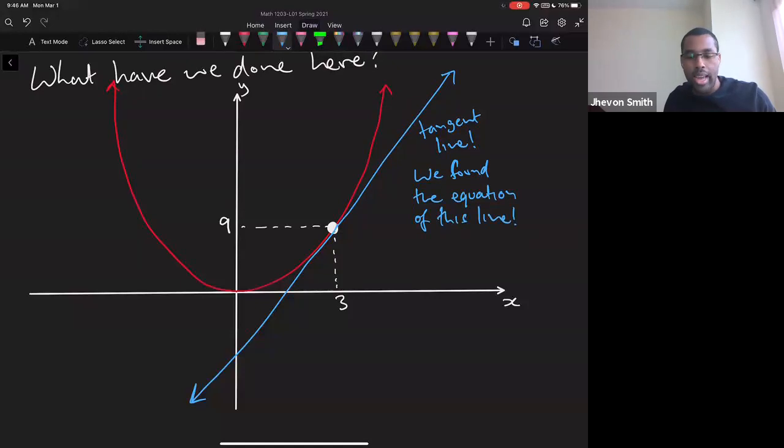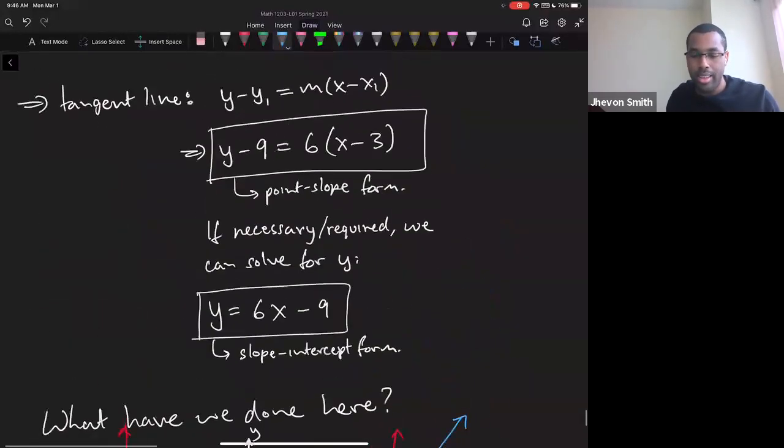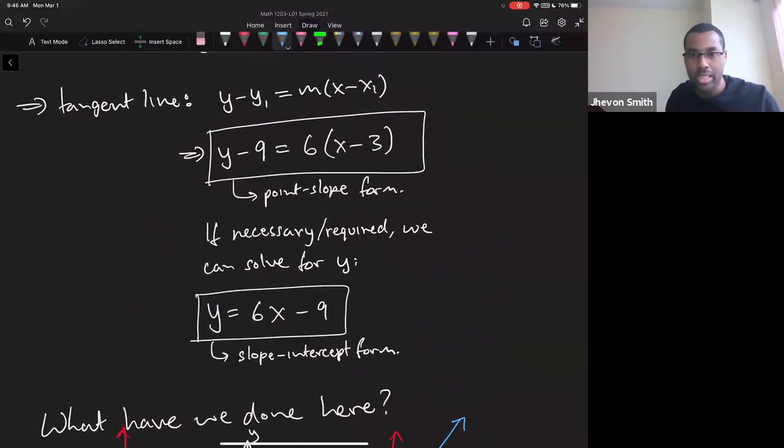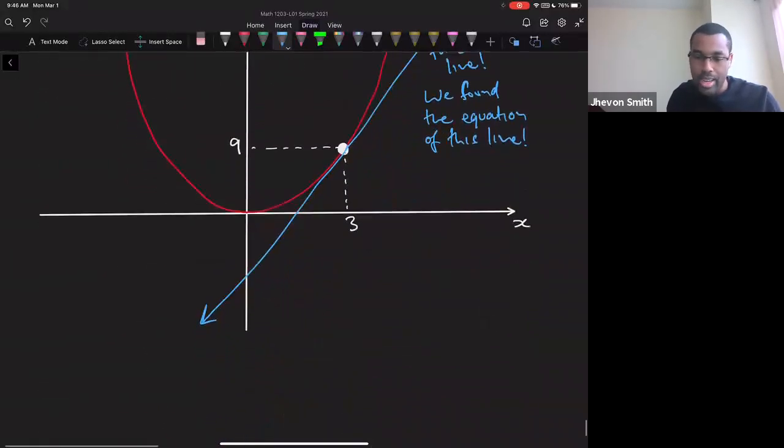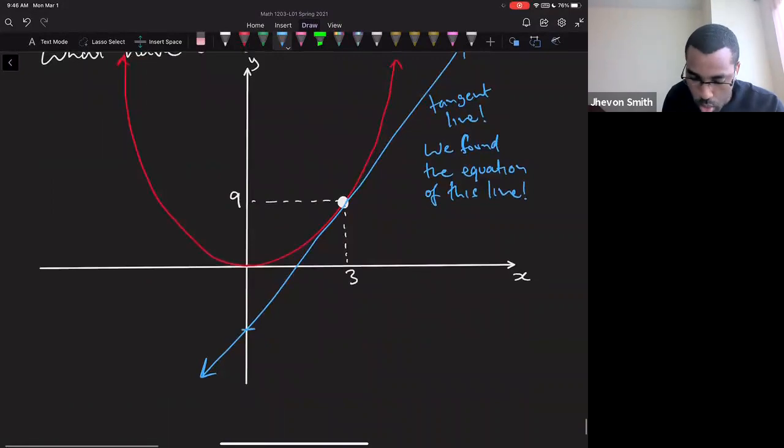If I zoom in and this curve starts to look flat, it'll start to look like a straight line. Which straight line? This straight line, y equals 6x minus 9. From this picture, we'll notice that it passes through at minus 9.